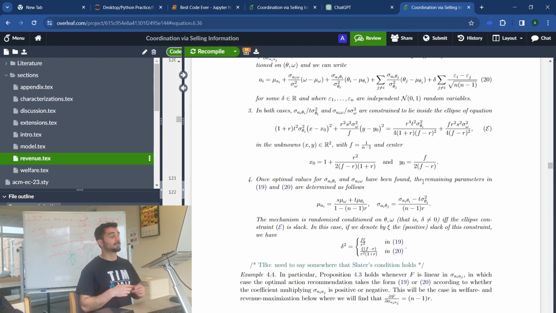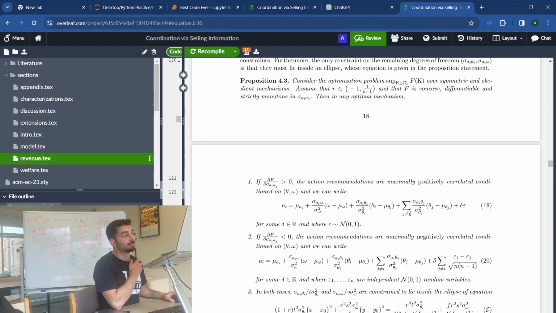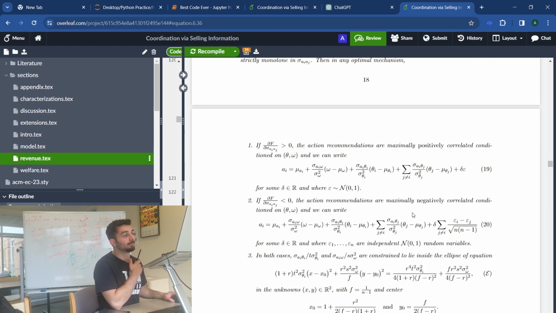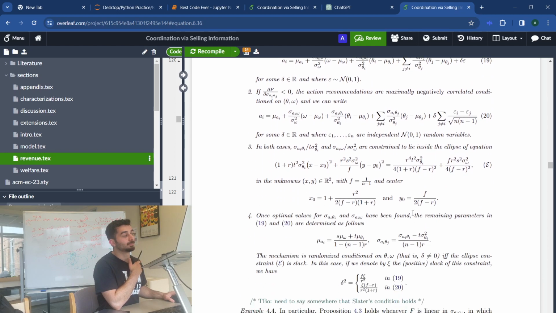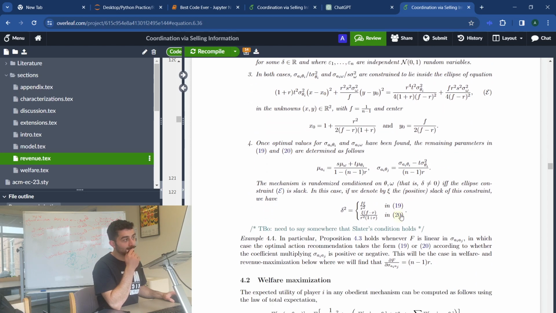This is a very nice structural result. Which constraint is slack? Okay, we have this formula.